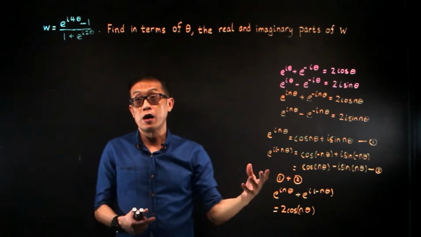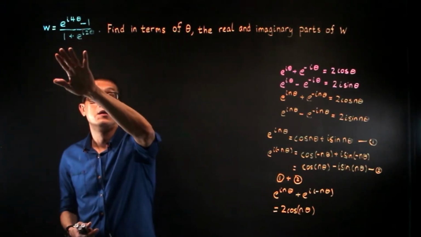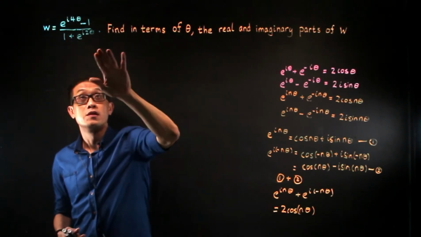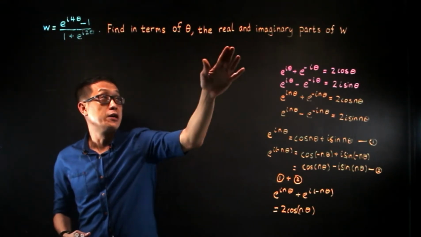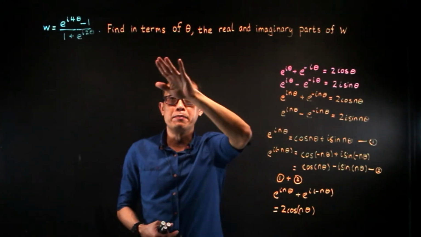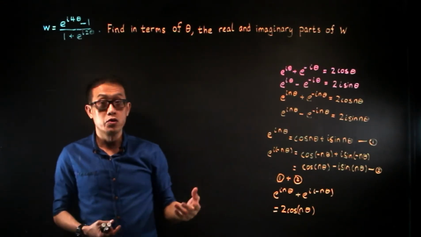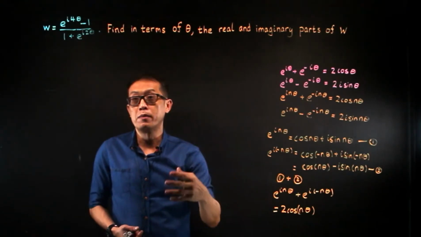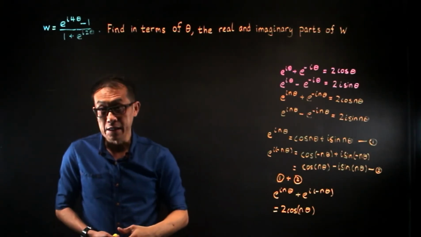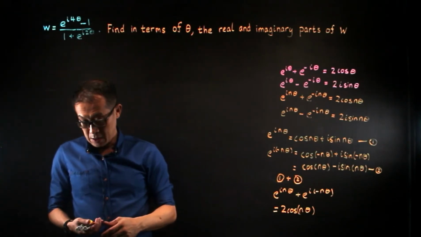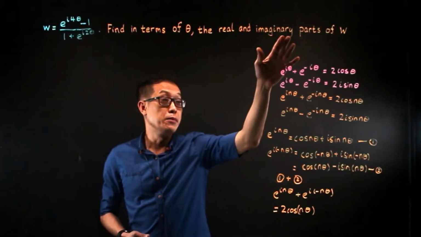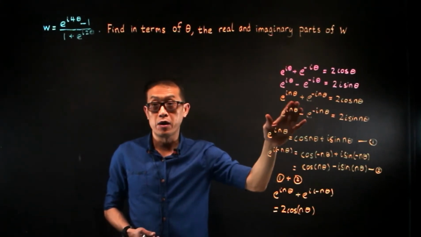Now today I'll be using the Euler formula to find the real and imaginary parts of W. You can also use De Moivre's theorem, or you can just use your normal trig identities. Let me show you how to find the real and imaginary parts by using the Euler formula.